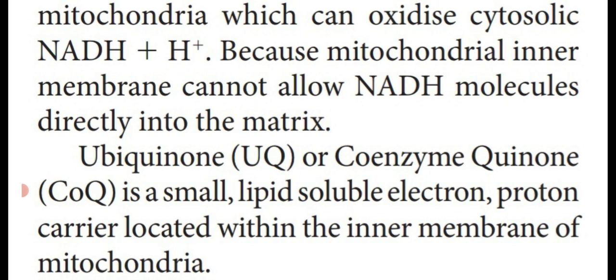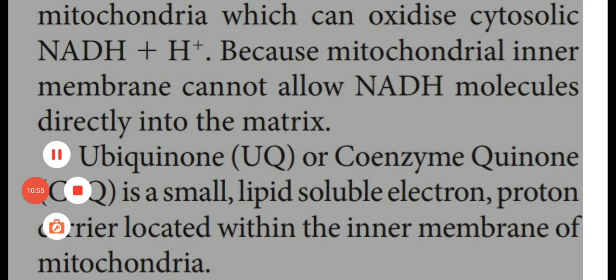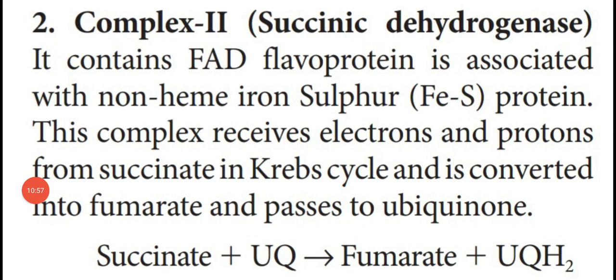It carries the proton, that is hydrogen, within the inner membrane of the mitochondria, not from the outer surface. So only the inner side of the mitochondrial membrane will be transporting the electrons. So that is the process taking place in complex 1.